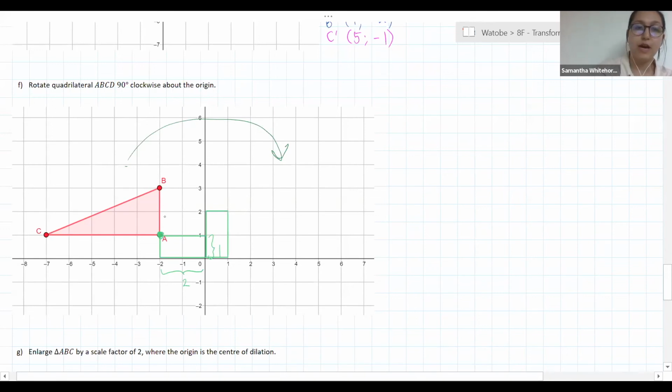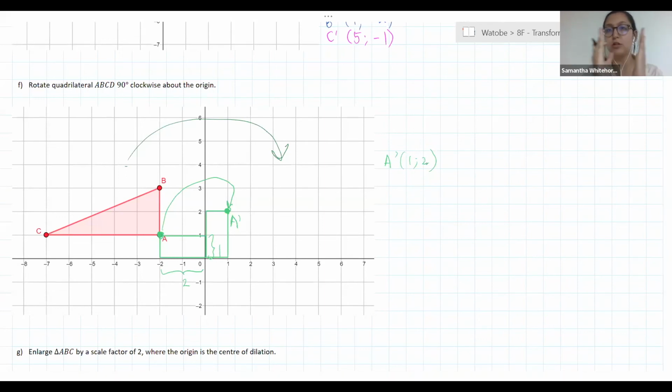So when I move it up, point A is still at the same position on the rectangle. And so A dash is now sitting at 1, 2. Okay, so imagine that rectangle being turned up into an upright position, and we can then see where coordinate A is.